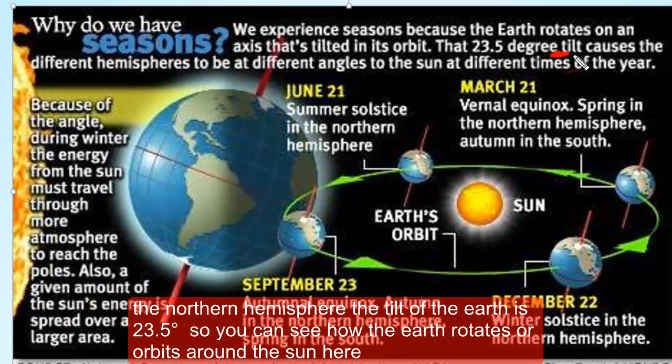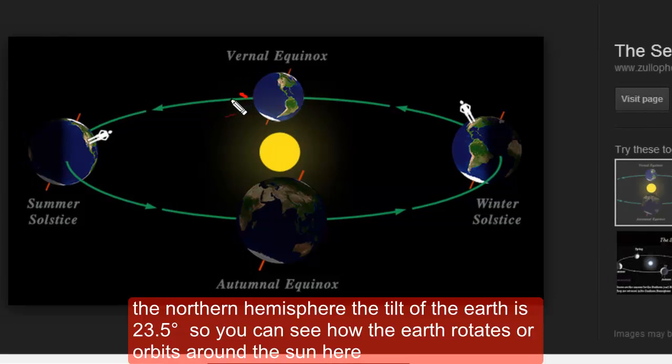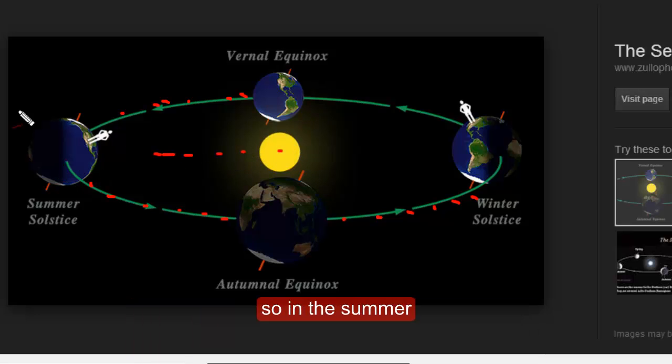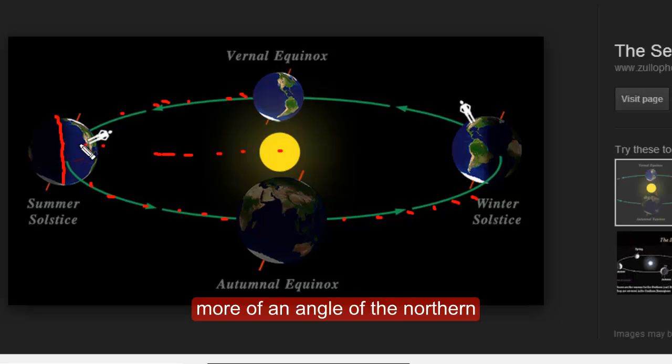The tilt of the earth is 23.5 degrees. You can see how the earth rotates or orbits around the sun here. In the summer, if you take a look, the sun is hitting more of an angle of the northern hemisphere.